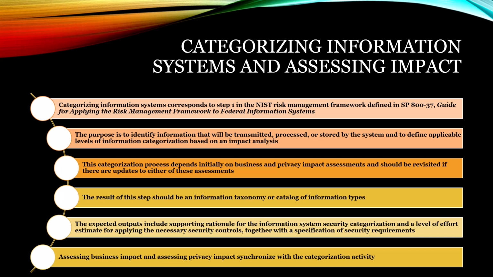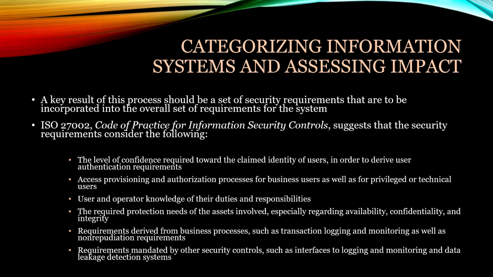We have the ISO 27001 for Code of Practice for Information Security Controls, suggesting that very specific security requirements. Again, the key result of this process categorization is to assess the business and privacy impact, privacy and security impact that should be set forth throughout the security requirements throughout this overall process.